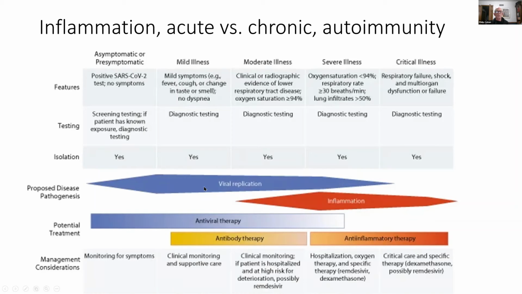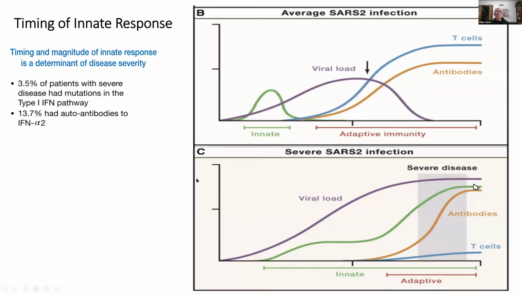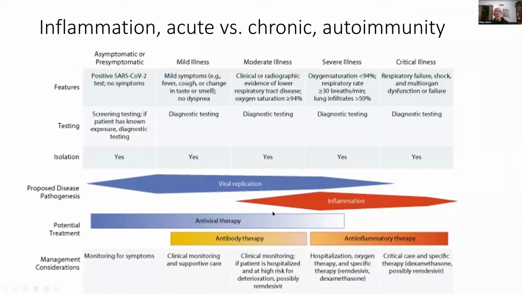Viral replication occurs and somewhere inflammation occurs, and at its early point you could administer antiviral therapy directed at the virus. But by this time, what you're really concerned about is the inflammation. And if your immune system works the way it should, it will diminish that inflammation and you'll feel much better.